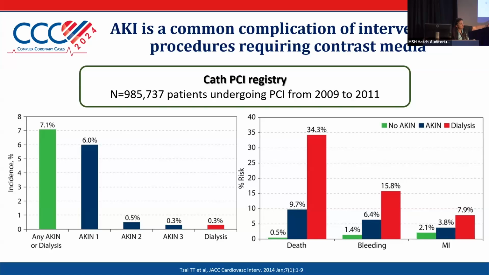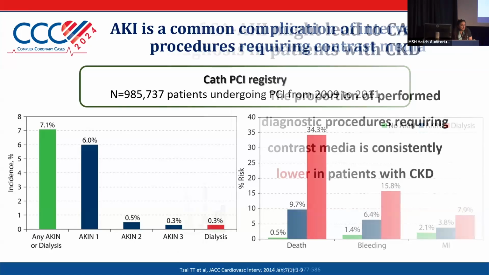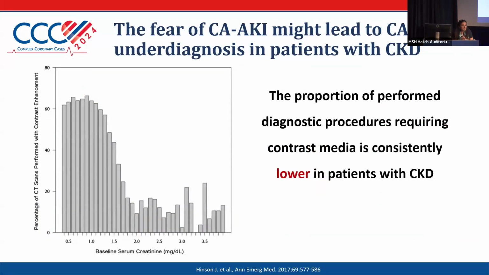But what's more important is that if you develop any acute kidney injury, there is an association with higher mortality, more bleeding, and more myocardial infarction. So this association is real. And that's from the CAF-PCI registry.